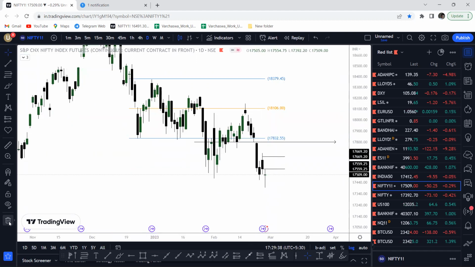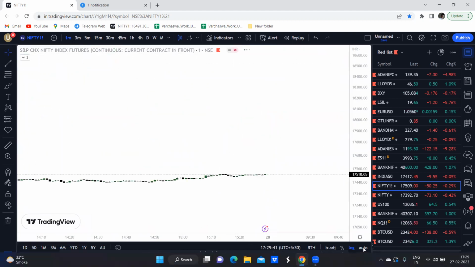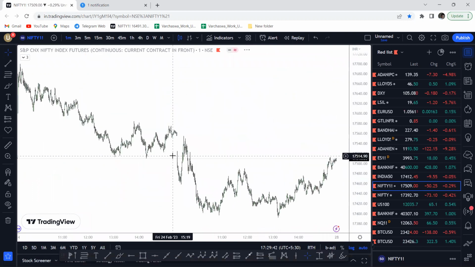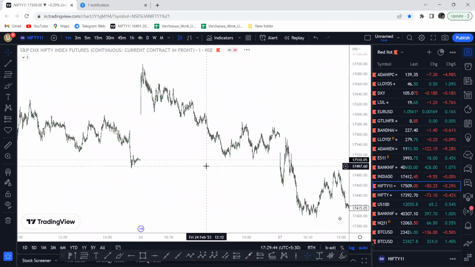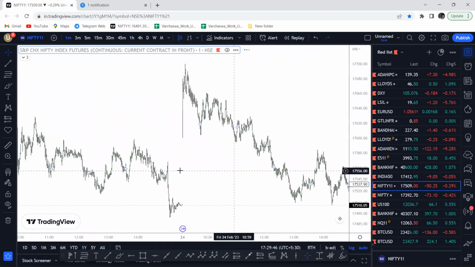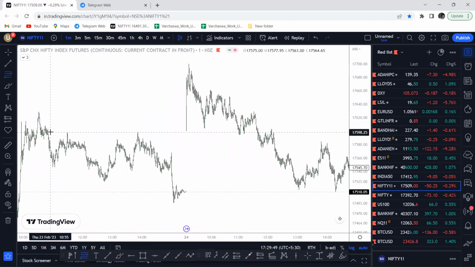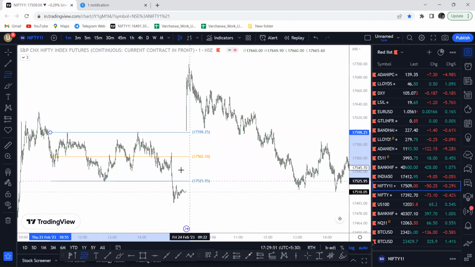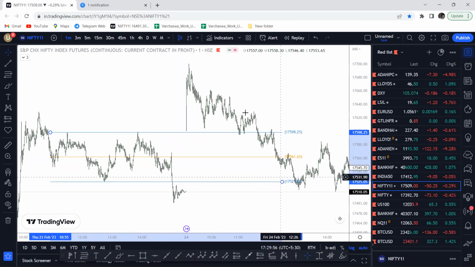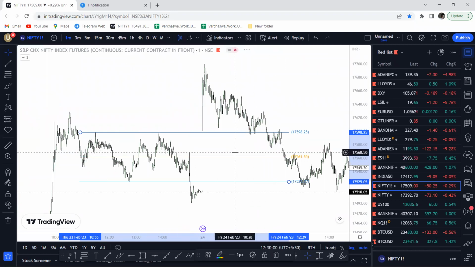So the same way, you can understand the equilibriums on smaller time frame as well. And if you can understand those equilibriums on smaller time frame, you will see the prices reacting extremely well from these areas. And if you were trading on this particular day, this equilibrium could have been a target as well.